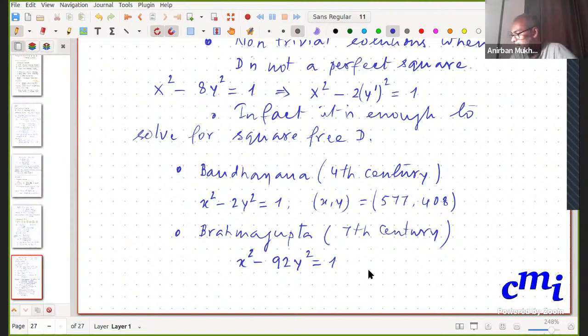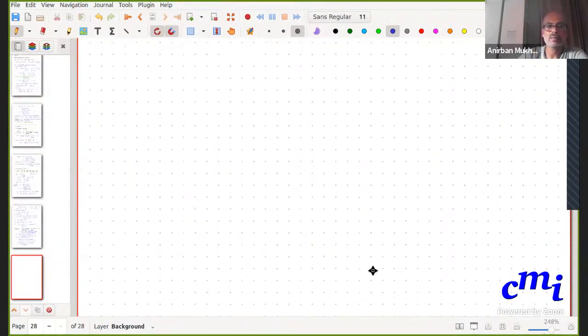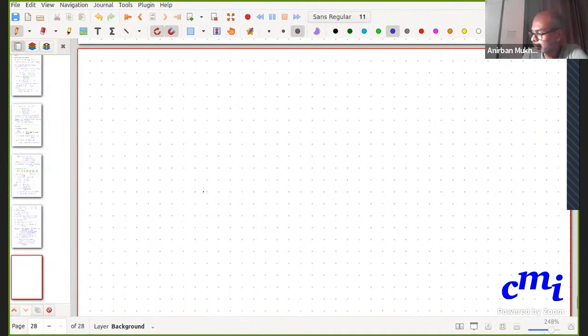I'm not writing down the solutions just not to spend too much time on this. And then there was this solution by Bhaskara, Bhaskara 2 actually, from the 12th century.